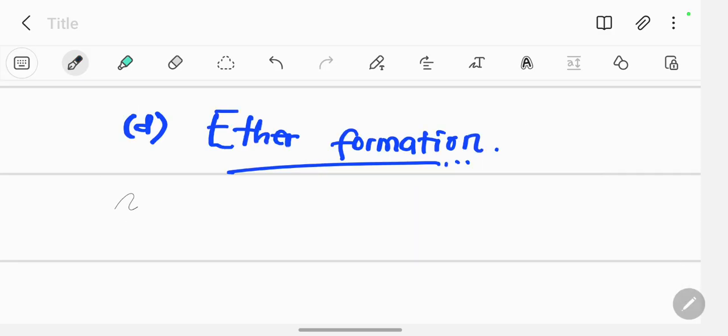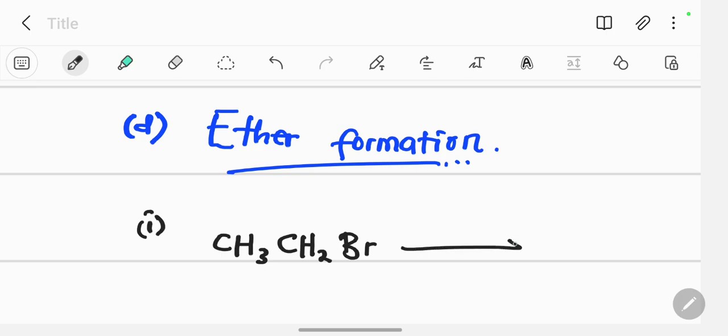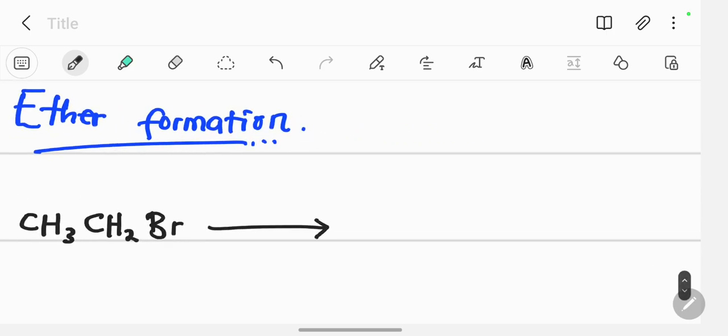We shall move. So I'm having my reaction number 1 under ether formation as CH3, CH2, bromine. So let me try to make this a little bit longer, like that.